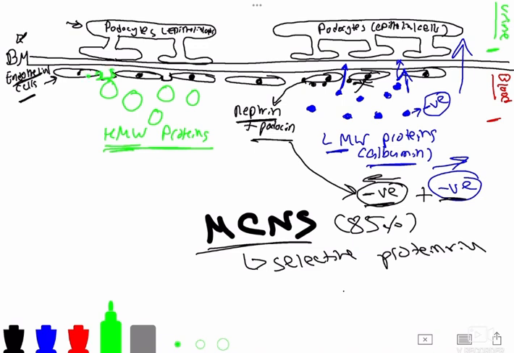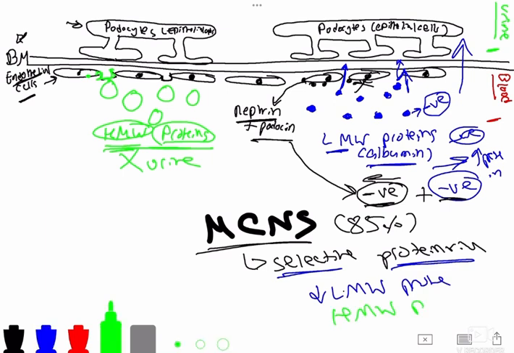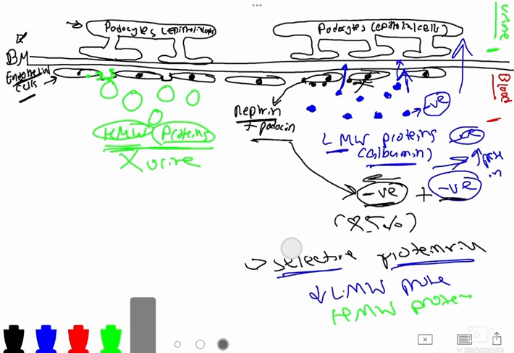So the high molecular weight proteins are not present in the urine. But the low molecular weight proteins that are affected by the negative charge are present in the urine. So this is what selective proteinuria means: loss of low molecular weight proteins, while the high molecular weight proteins are normal. So that's basically minimal change nephrotic syndrome. It's a side note, but it's important to know.